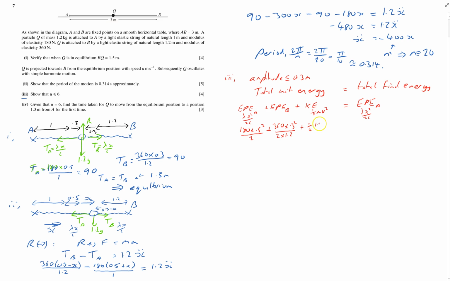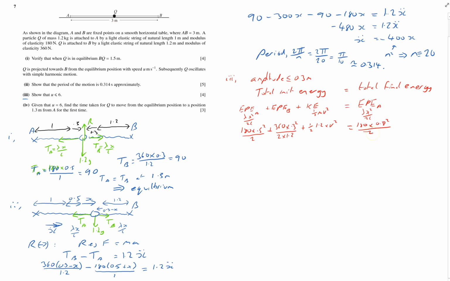So it's a half times the mass, which is 1.2, times v squared, and I'm going to make v squared be the maximum velocity it could be, and that's got to equal lambda of the left hand string, which is 180, times the extension, where it's gone 0.5 and it's got another 0.3 to go, so that'll be 0.8 squared all over 2.